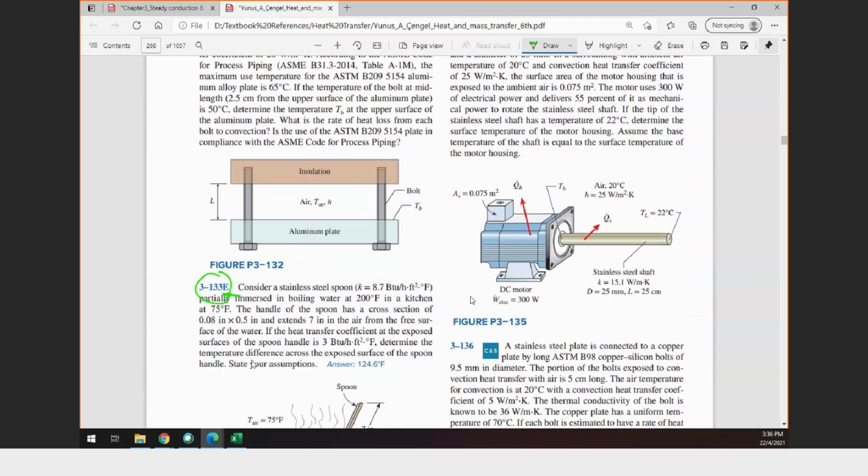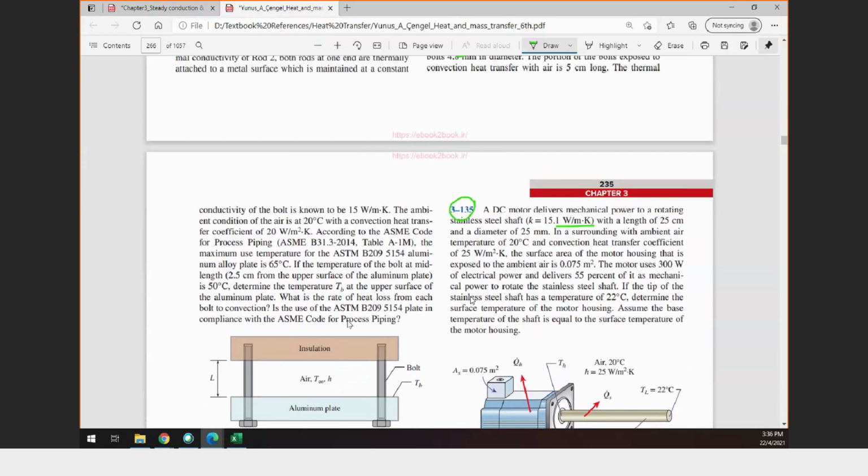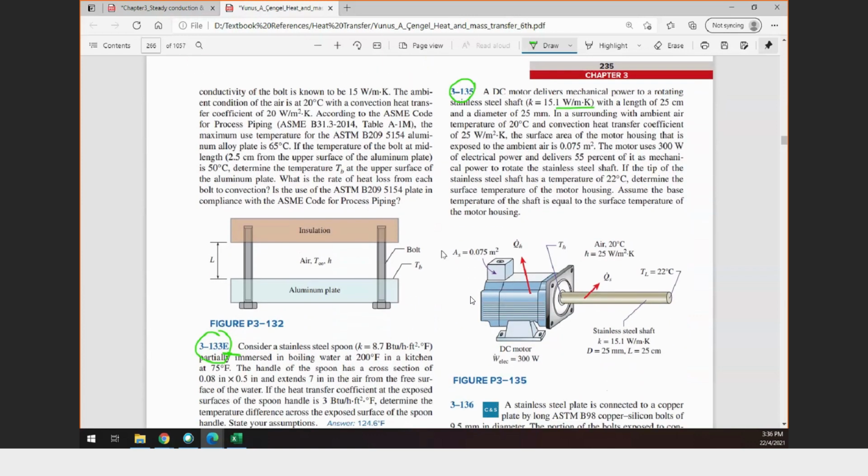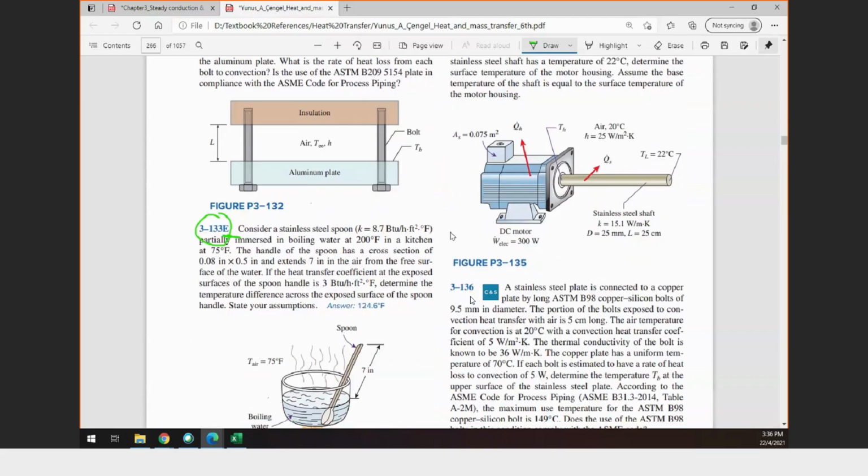You can use these, but you need to be familiar with the English units. So try the SI units first, and then if you still want to, go ahead and do the English units. No problem. It's the same procedure, only different units.